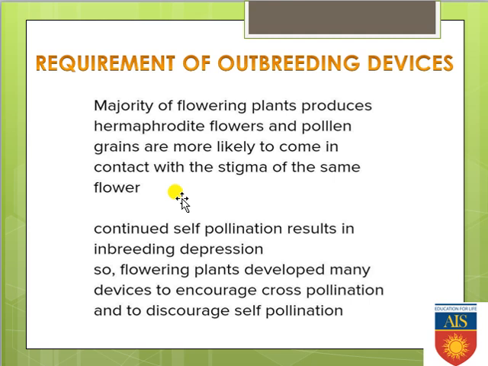Obviously, for that reason, the self-pollination process is also discouraged. This is the overall requirement of outbreeding devices, where we can encourage cross-pollination so that the same features will not be repeated generation after generation and new features can come, which is only possible if we perform cross-pollination.